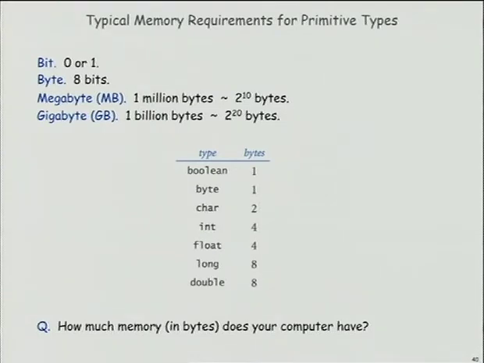And then for a byte, of course, it should be 1 byte. A char needs 2 bytes, an int 4, a float 4 as well, and the long needs 8 bytes, and a double needs 8 bytes. At this point, it might be a good thing to ask yourself, how much memory does my computer actually have?